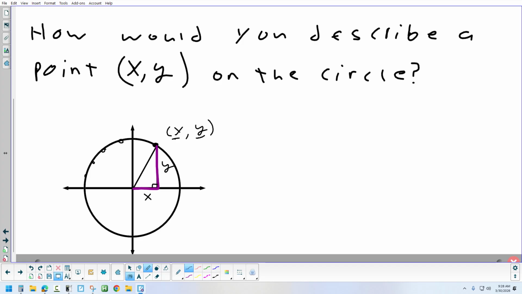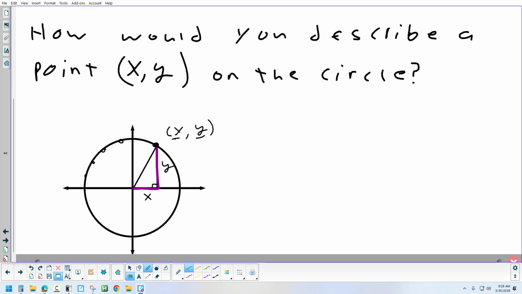What would have to change in this triangle for this point to start moving around the circle? What is it in that triangle that really controls that point being right there? Yeah? Would be the y value. I'm thinking of something else besides side lengths.